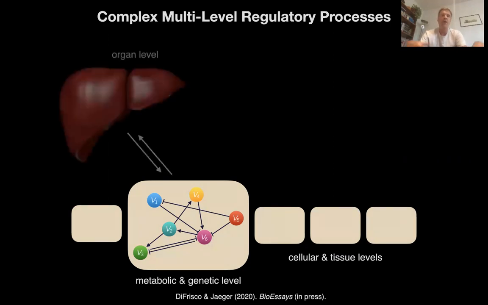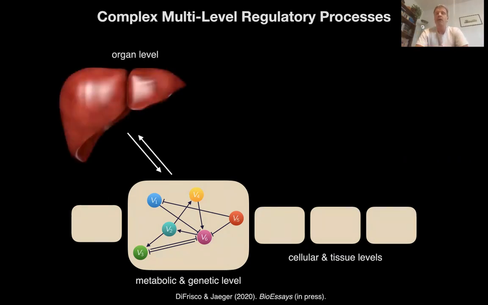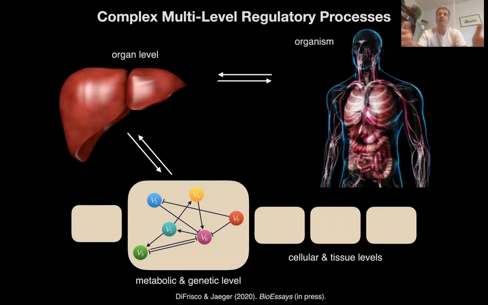And even higher up, you have the organ. Here is one of my favorite organs. This is a human liver, and you have different tissues that integrate into this functional whole, a detoxifying station for your body, which is a great thing. And that, again, is part of a larger integrated organismic system, okay? And these levels are all feeding back on each other in a very mysterious way.